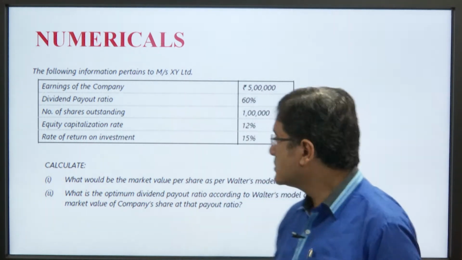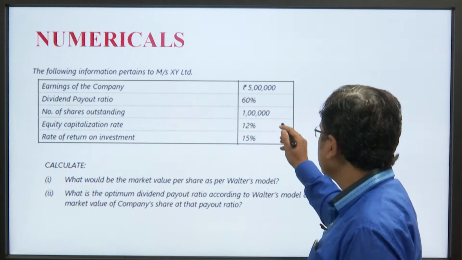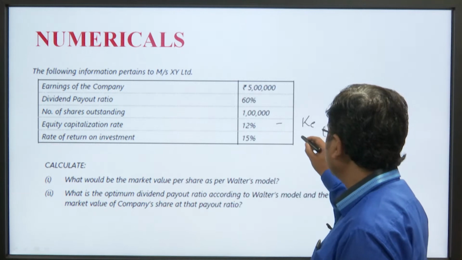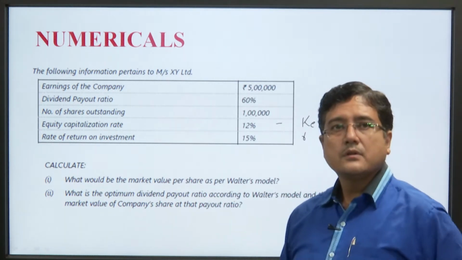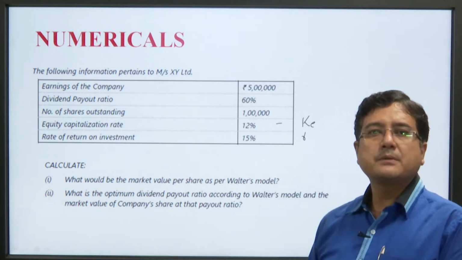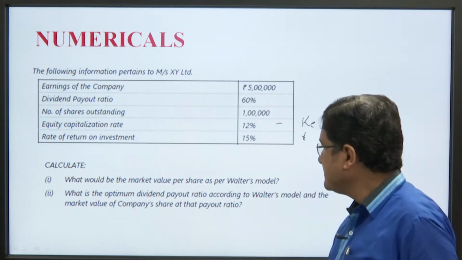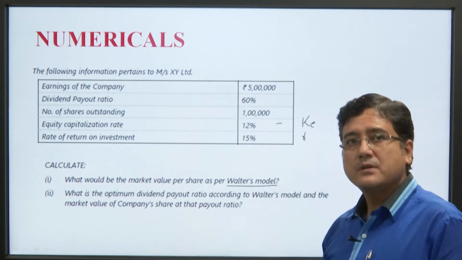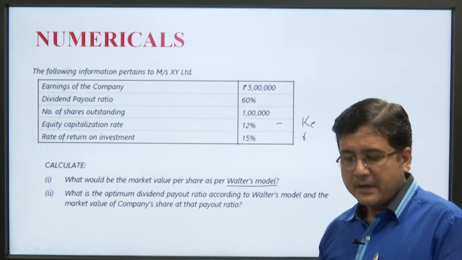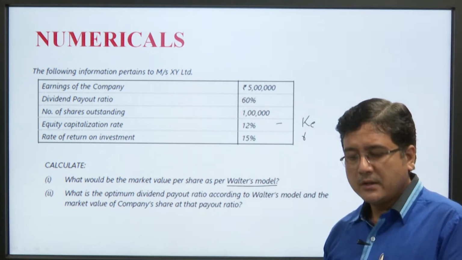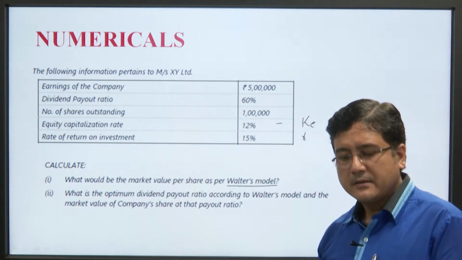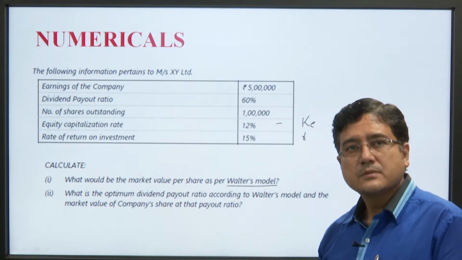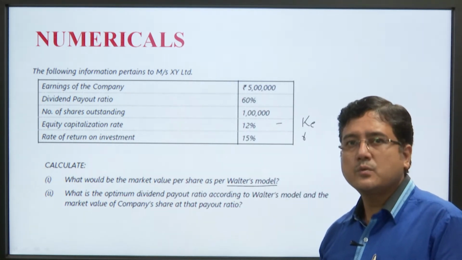So, we know that this is KE, this is R. What would be the market price per share as per the Walter model? What is the optimum dividend payout according to the Walter model, and the market value of the share at that payout? These are the two questions we need to calculate.